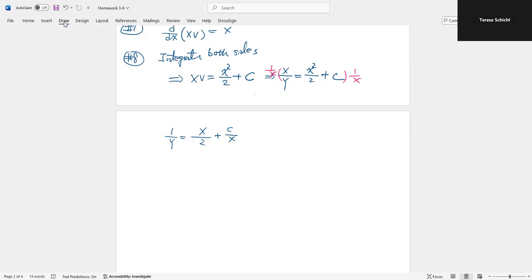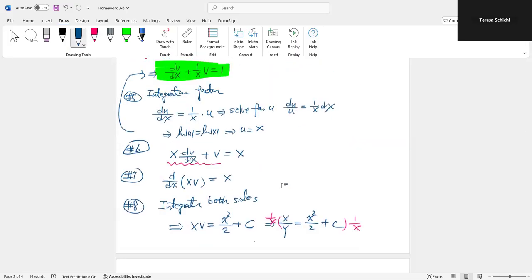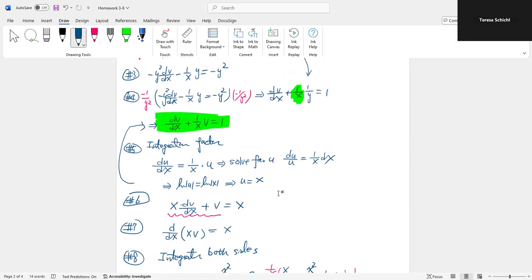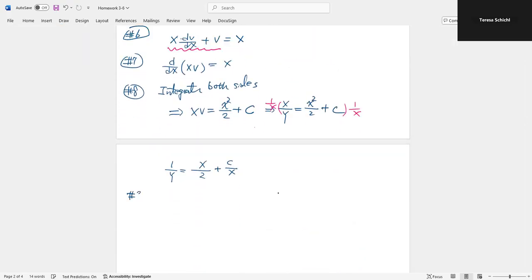Now let's take a look, go back, what is my initial condition? My initial condition is y of square root of 2 equal to square root of 2. So now I need to put in the initial condition.